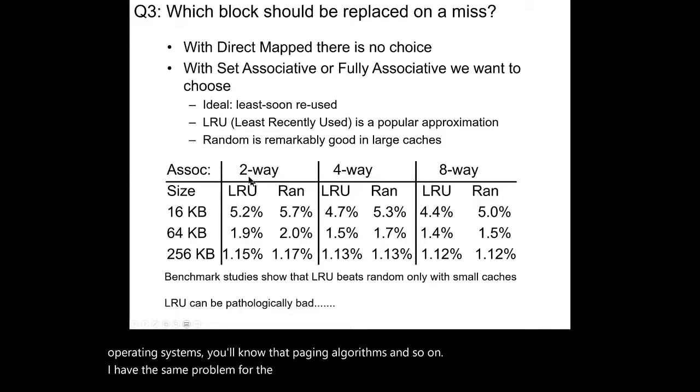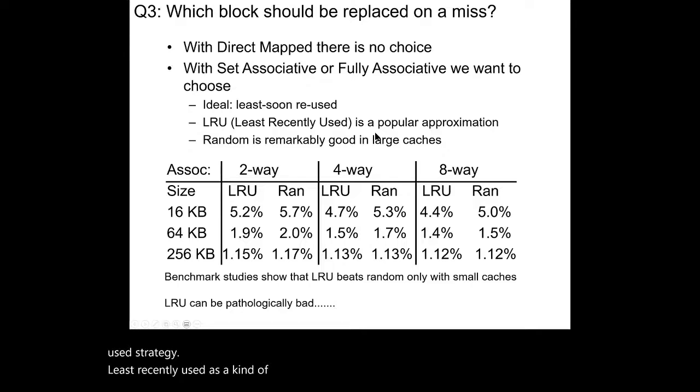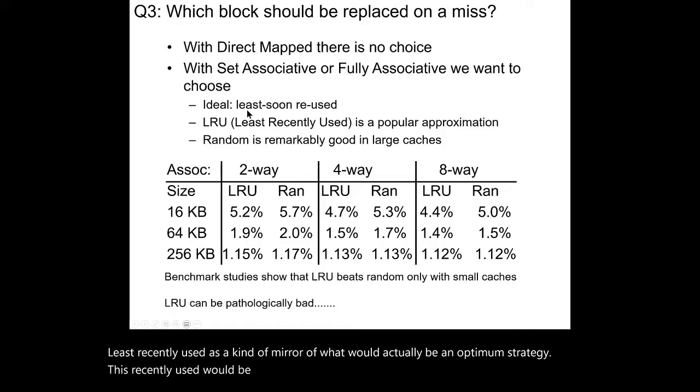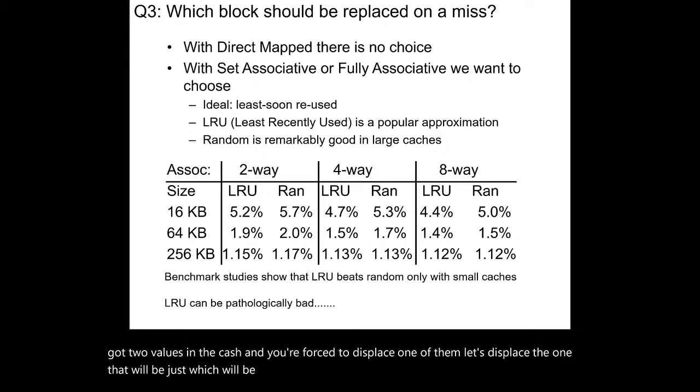What you could do is use this least recently used strategy. Least recently used is a kind of mirror of what would actually be an optimum strategy. The ideal strategy would be least soon reused, right? So if you've got two values in the cache and you're forced to displace one of them, let's displace the one which will be accessed in the most distant future.